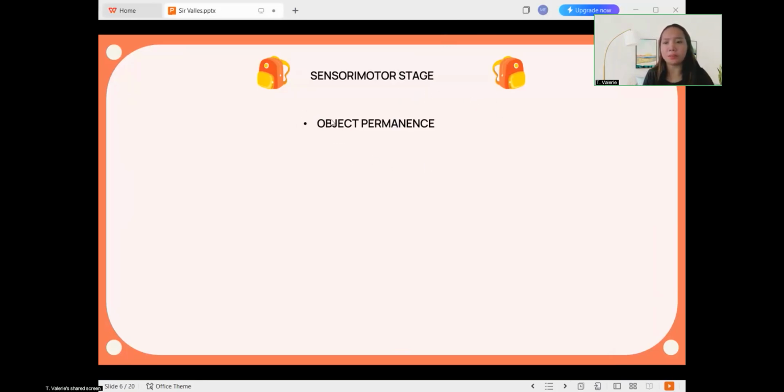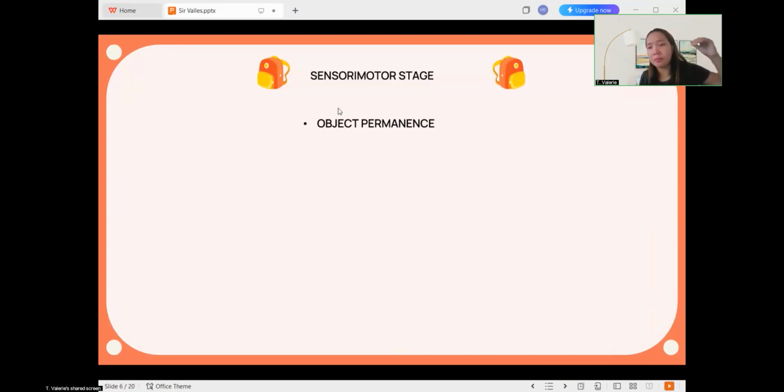So in object permanence, what do we mean by this one? Let's say a child's toy, a duck toy, falls under the bed.